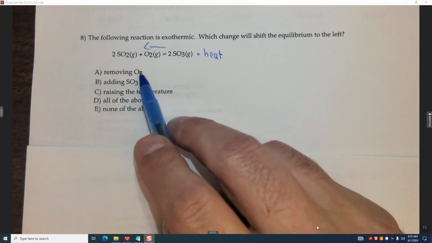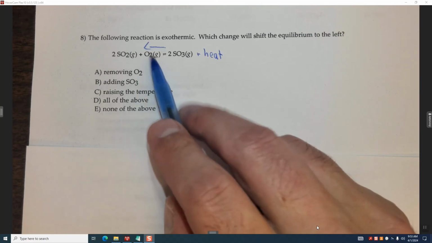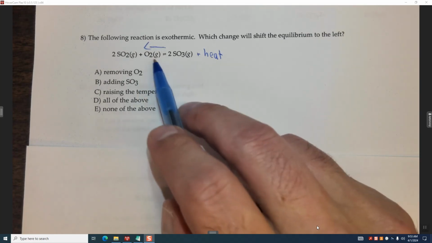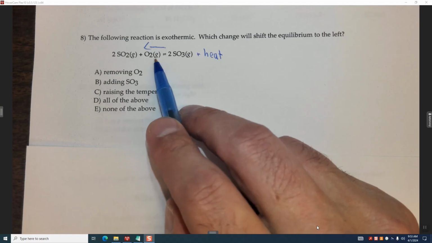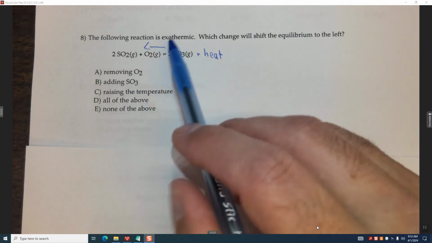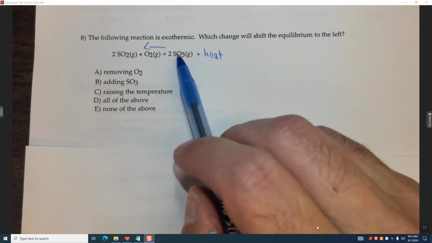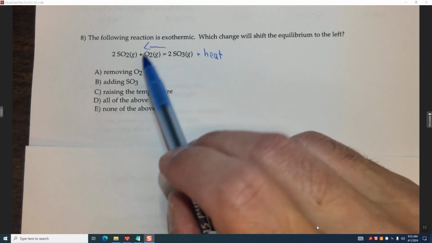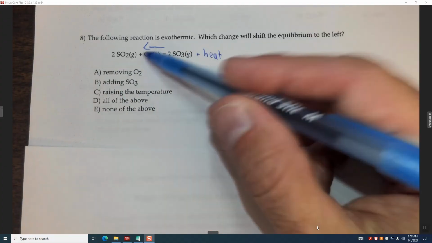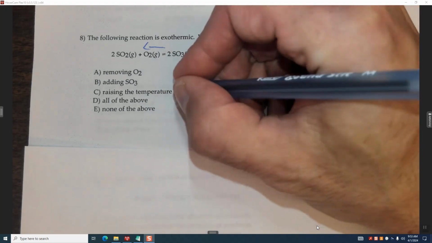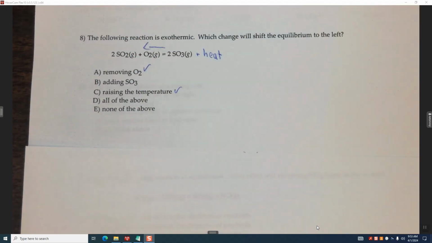What about removing O2? If we remove O2, the reaction will say, hey, there's not enough O2 in the system. We need to make more O2. Well, what's the only way that the reaction can make more O2? It's by decomposing the SO3 into SO2 and O2, or said another way, shifting to the left. So we talked about that one. This one will also cause the reaction to shift to the left.